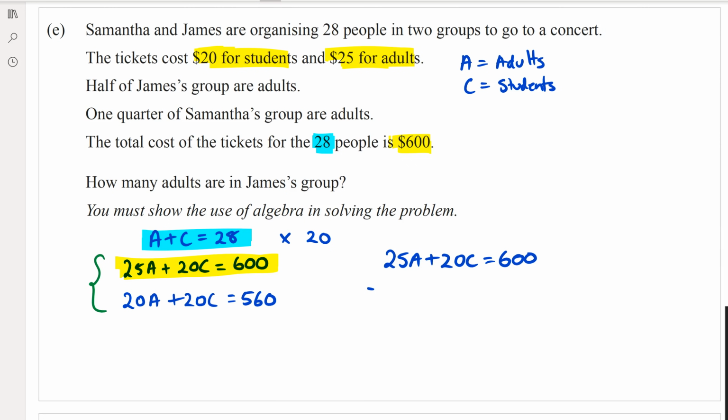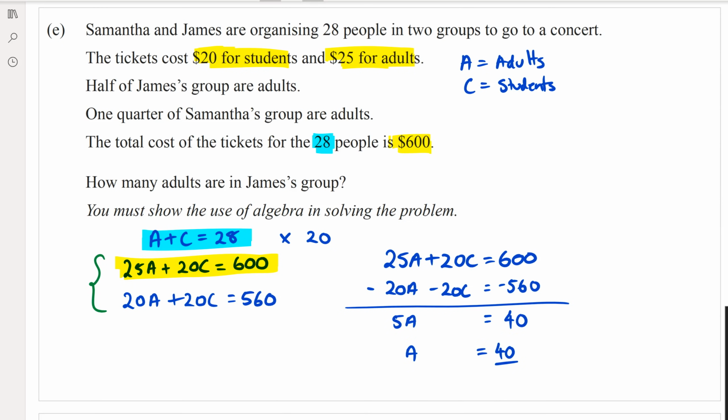So I'm going to write minus 20A minus 20C equals minus 560. Because when I do this, 25A minus 20A is 5A, 20C minus 20C is 0, and 600 minus 560 is 40, which means A equals 40 over 5, which equals 8.